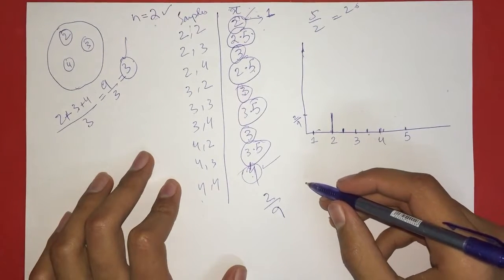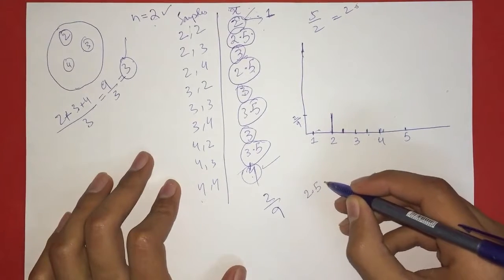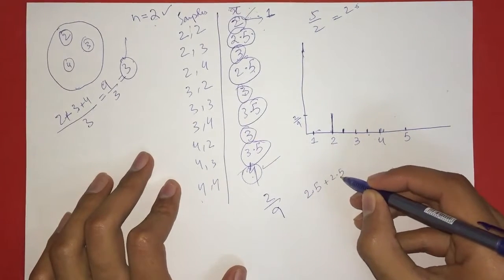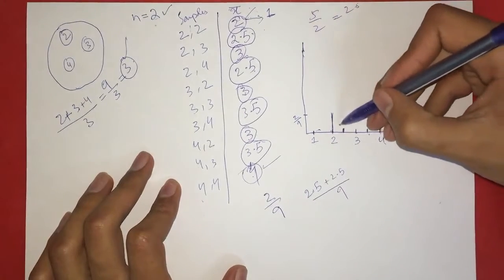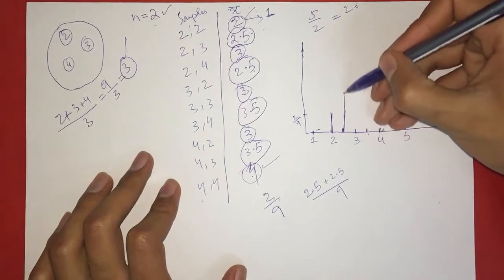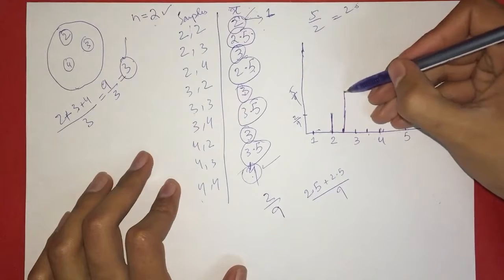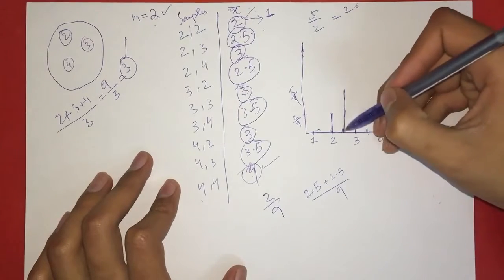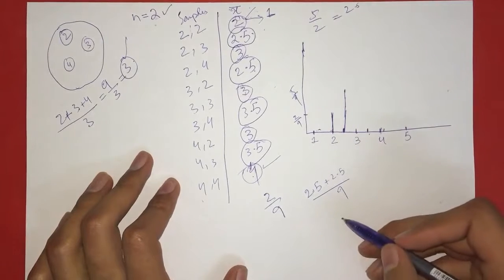So that's going to give 2 by 9 at 2.5. Then 3 is repeated 3 times, so 3 by 9.